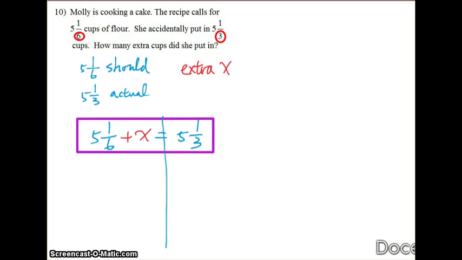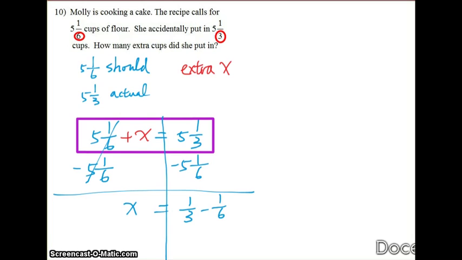Okay, draw the line down the middle. Now let's move all the numbers to the other side. So minus 5 1/6, minus 5 1/6. This one cancels out. Draw the line. x on one side. The 5 and 5 basically cancel out each other. So it will be 1/3 minus 1/6. If you remember how to subtract fractions, we need to find the common denominator.